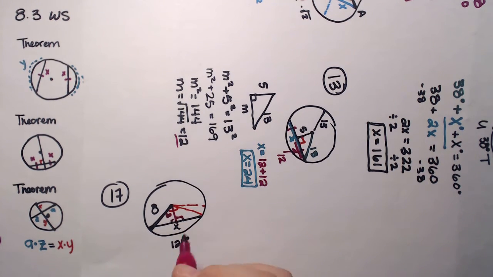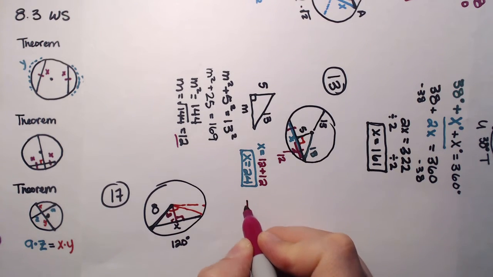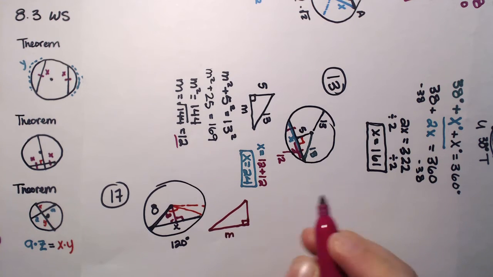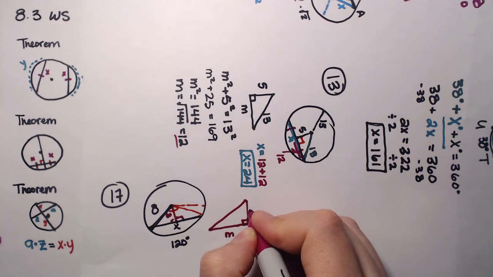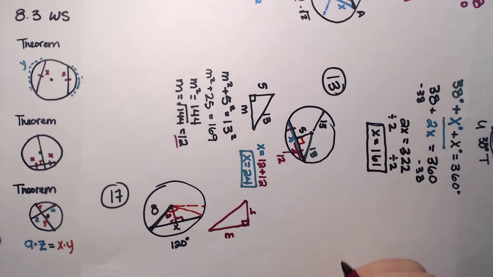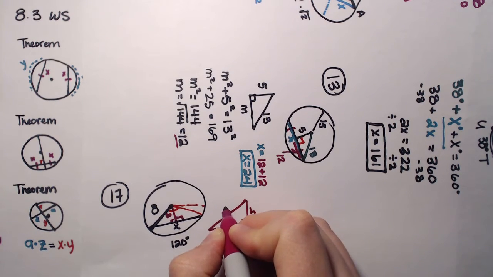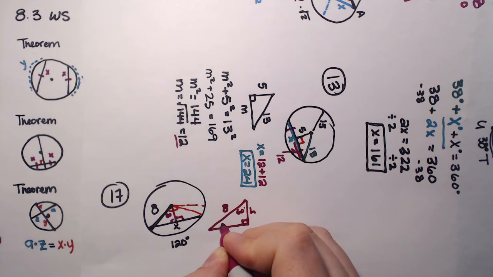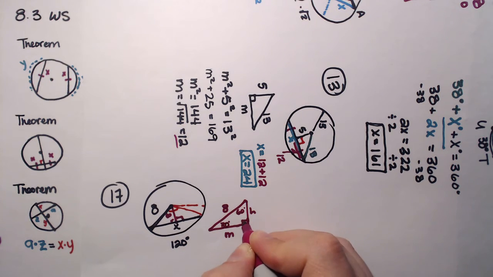So I'm going to redraw this triangle right here. I don't know what this side is, so I'm going to say h for height. And the radius, and that's a 60, which makes this 30 because that's 90.